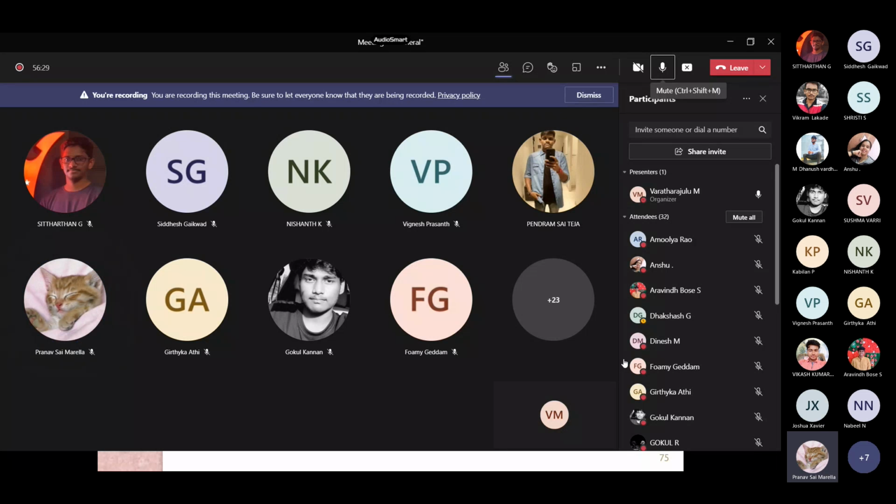Very good. Why do we need to talk about Poisson ratio? I think only Pranav is detailing. Any others who are interested in mechanics and strength of materials, go ahead. Why do we need to take up the Poisson ratio? What is Poisson ratio? Amolya?